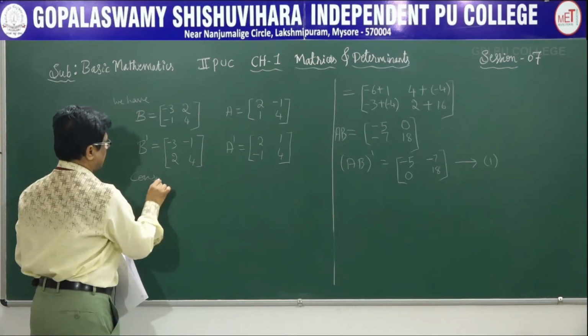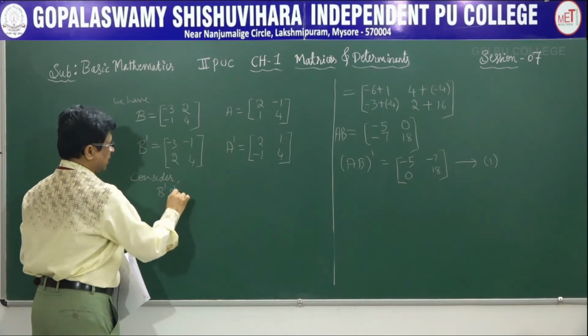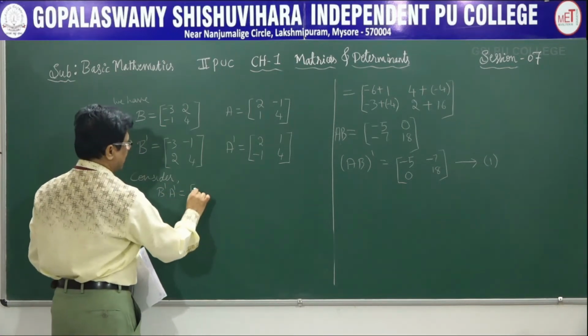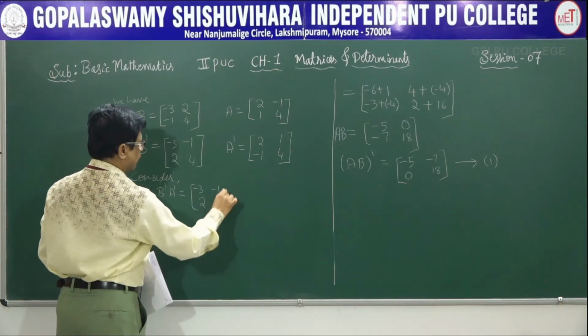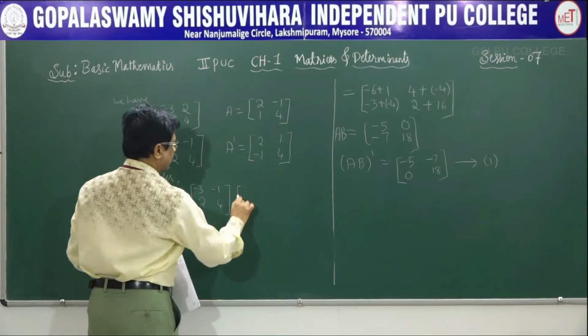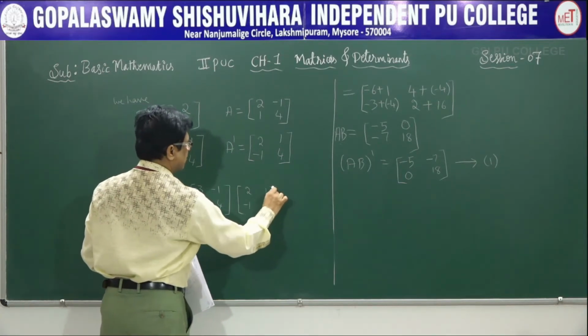Consider B' into A', that will be equal to minus 3 minus 1 2 4 into 2 1 minus 1 4.